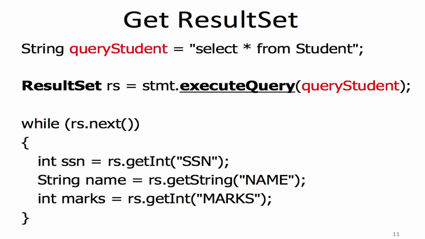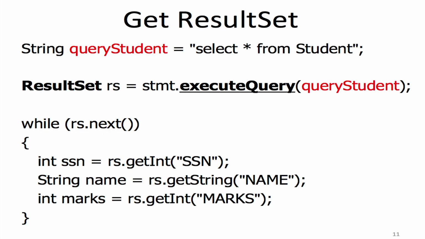The first one is SSN equals rs.getInt(SSN). Get integer means we are getting the integer value of the SSN field, because SSN is an integer, so we write getInt here. The second line inside this while loop is string name equals rs.getString(name). The name will be string type, so we use rs.getString, and the value of the name field will be extracted from here and transferred to the name variable.